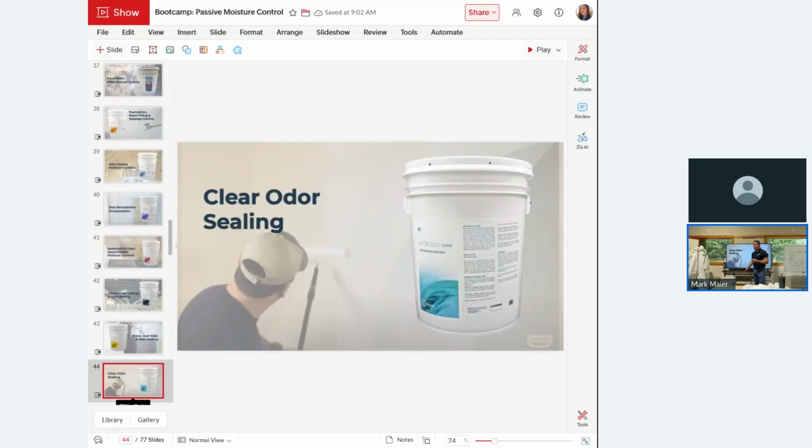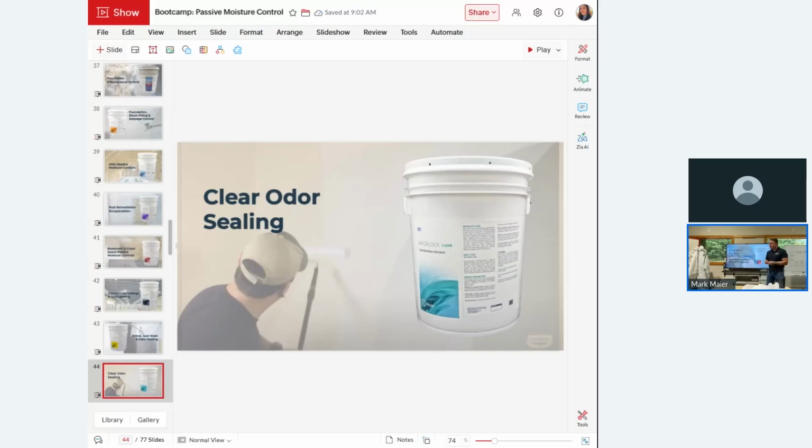Now we can just reseal those surfaces instead of having to reprime and repaint with Vapor Lock Clear. Okay, that's the use case for that. Or again, if you're going into attics and you need a product that's clear, that's going to be natural looking on the surface, and you don't want to shout problem was here, then Vapor Lock Clear again for that.